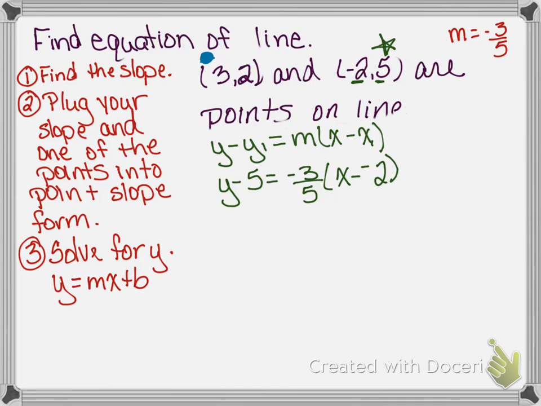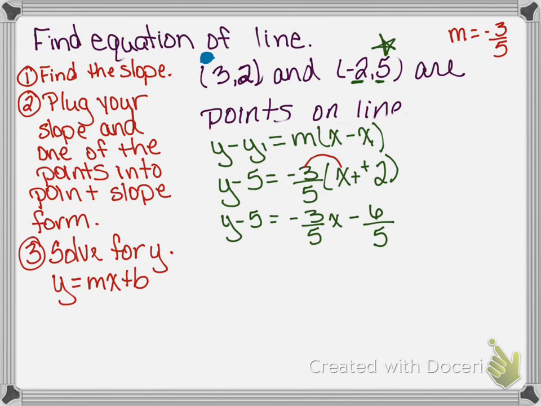Positive. Good. Becomes positive. Okay, so now I'm solving for y. So the first thing I have to do is distribute. So I have y minus 5 equals negative 3/5 x minus 6 over 5.